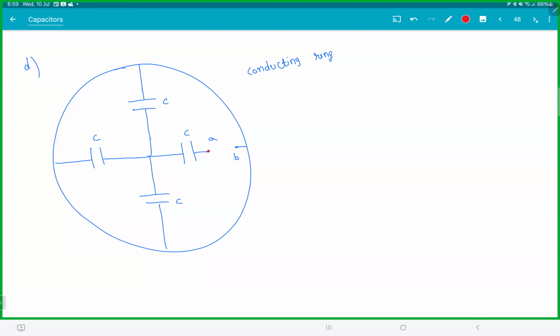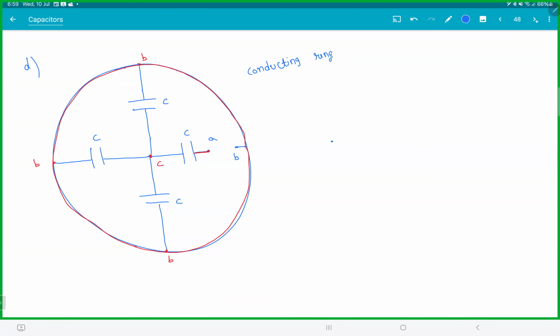So this is point A. That's it. There is no other A anywhere. But if this is B, this entire ring is B. Meaning this guy is B, this guy is also B, this guy is also B. This guy is neither A nor B, so this is someone else, C.